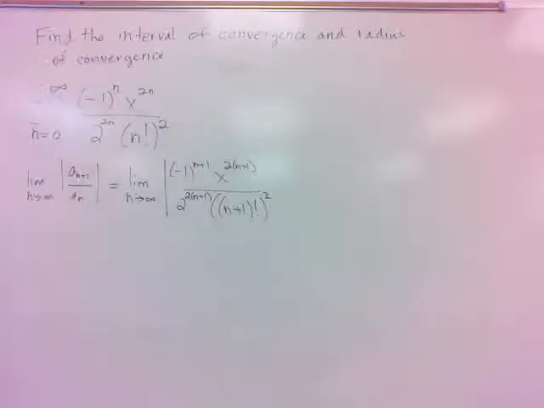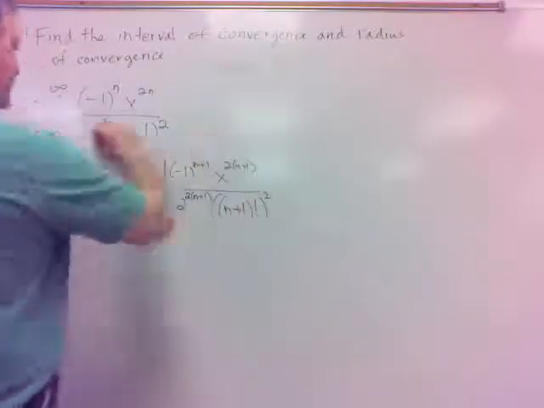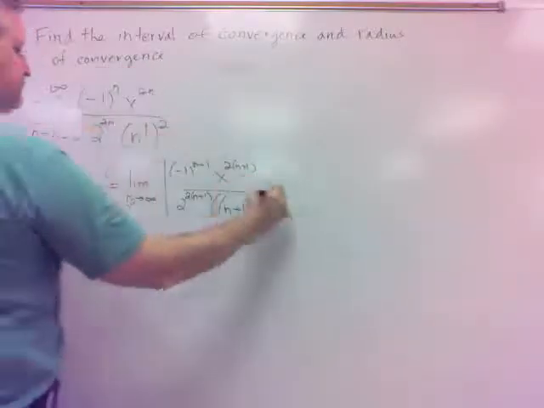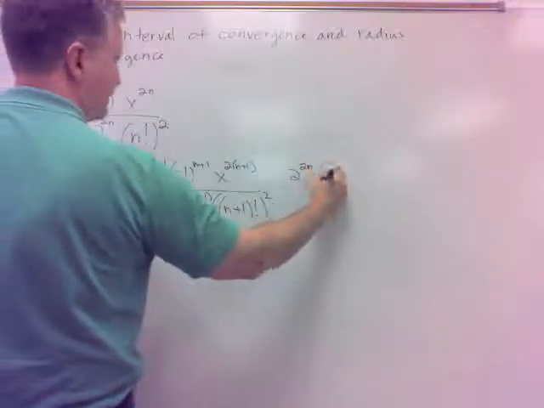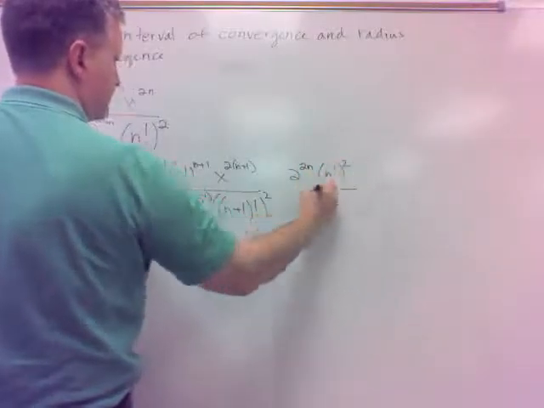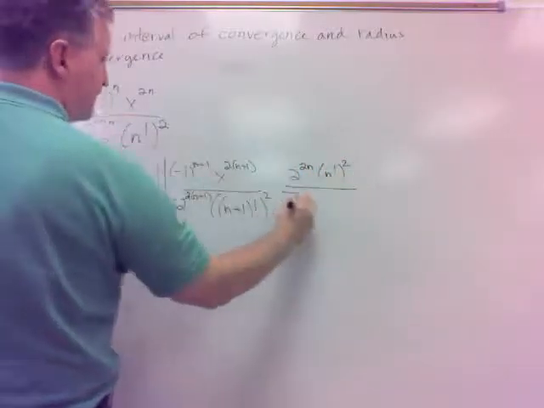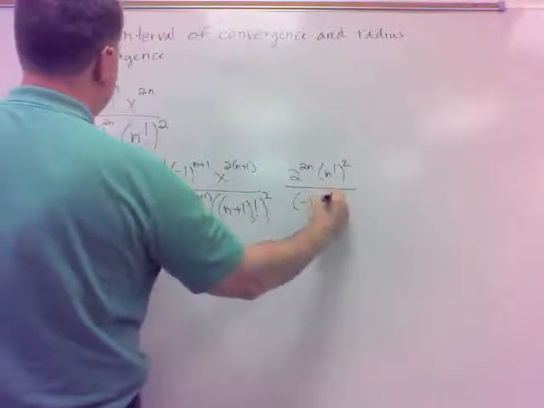That's just a sub n plus 1. Then I divide that by a sub n, which is going to be just the reciprocal of this right here, right? This will be 2 to the 2n, n factorial squared, over -1 to the n, x to the 2n.